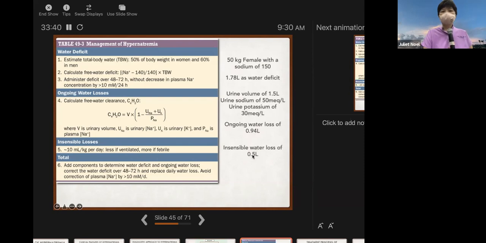Then insensible loss is, as I mentioned, 10 ml per kilo, so 10 times 50, that's 500 ml or 0.5 liters. So the total that you have to give is 3.2 liters per day.